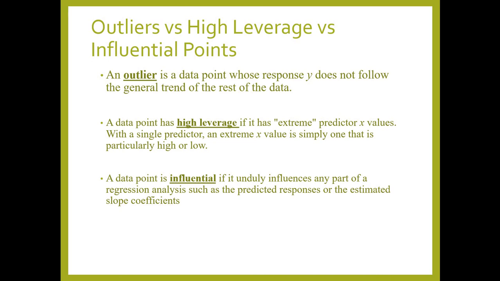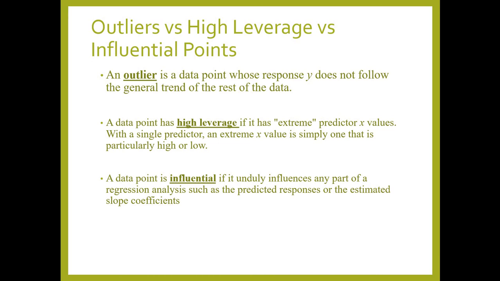And lastly, here is the outliers versus high leverage versus influential points. So I will say them verbally, and then I have a picture that, if you're a visual learner, might be more useful. So an outlier is just a data point whose Y value does not follow the general trend of the data.